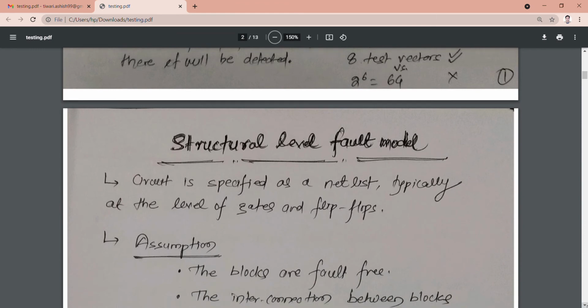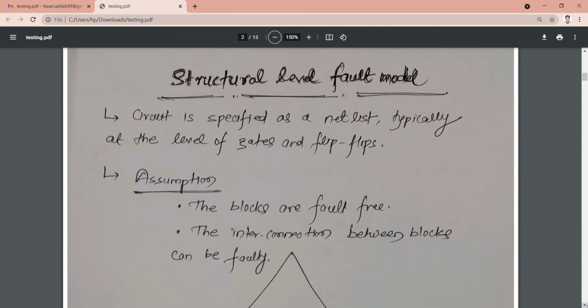Structural level fault model. As I told you in the previous case, we were talking about the functional level fault model. In the structural level fault model, the circuit is specified as a netlist, typically at the level of gates and flip-flops. When I take the functional level fault model, I am addressing the individual blocks in the combinational circuit.